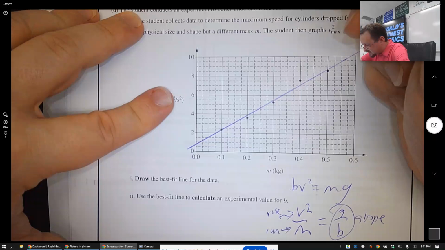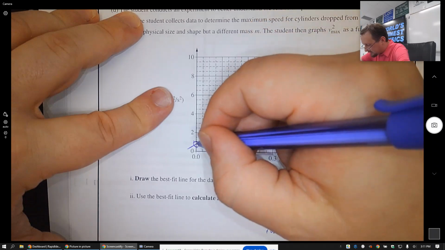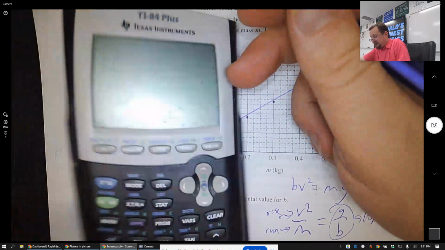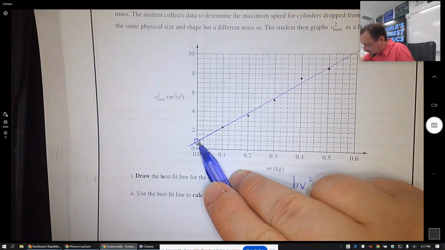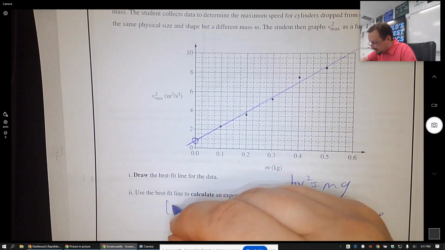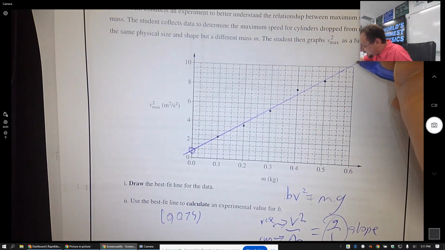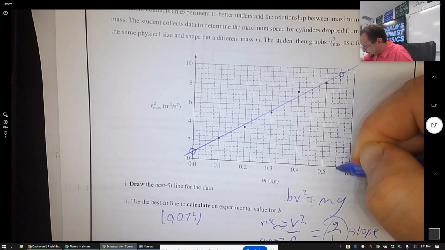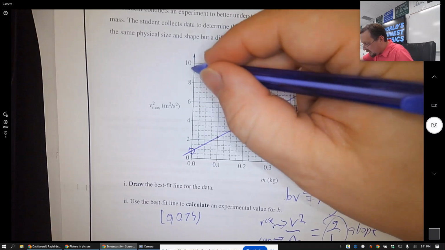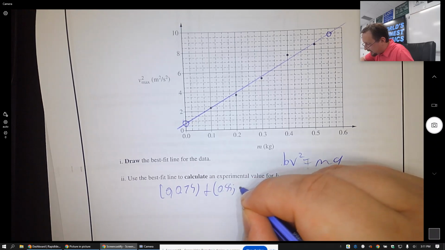So I'm going to select two points from the graph. Oh, wait a minute. This one is maybe 0.75, so this is 0 and 0.75. Then over here, I try to choose points that are far apart. What is that? 0.55, and 9.5.